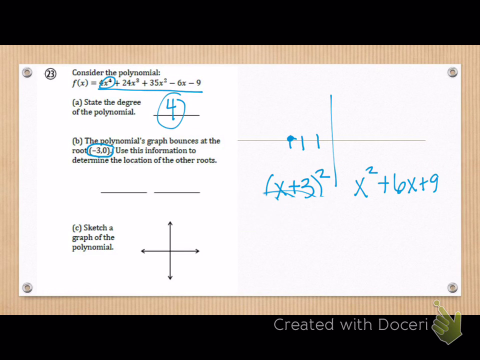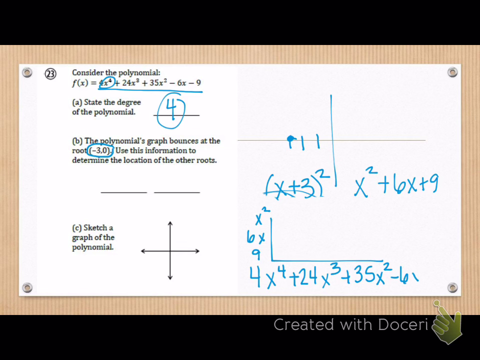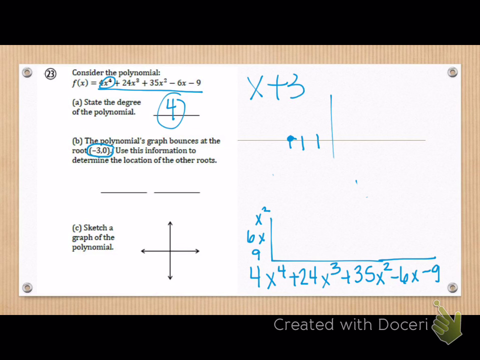So if I did my division of that guy, I would have x squared and 6x and 9, and I would be dividing that into all of this: 4x to the 4th plus 24x cubed plus 35x squared minus 6x minus 9. Now it might look crazy, but it actually works out pretty nice here. I'm not going to forget that this is my x plus 3 quantity squared as my bounce.